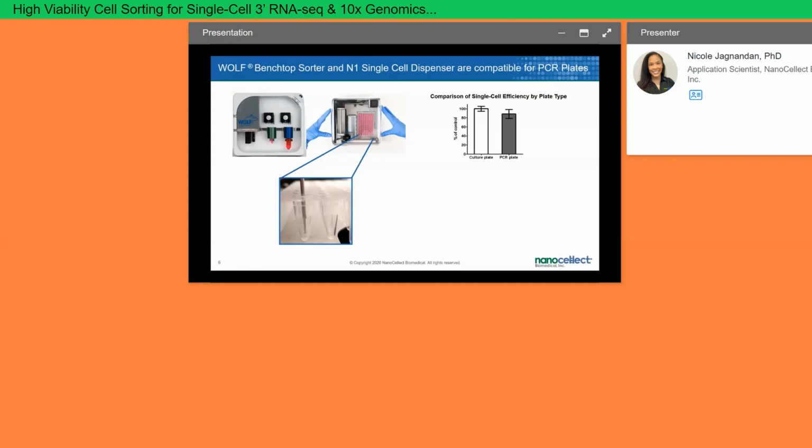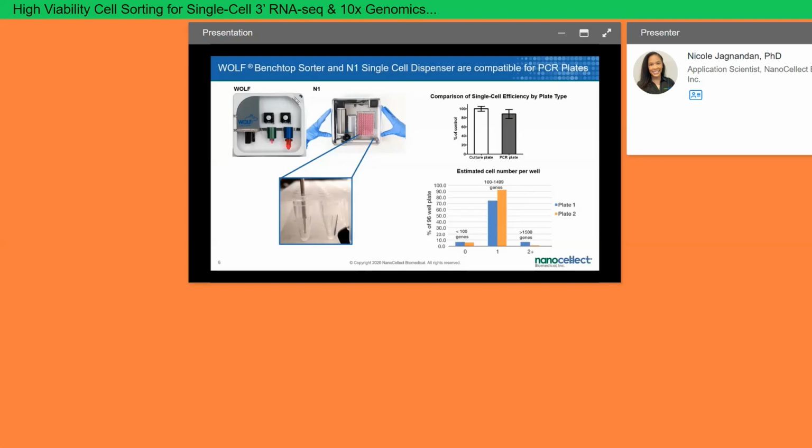So in order to fully validate that the Wolf and N1 system does work well for 3' RNA-seq, we did a few experiments using the QIAGEN UPX 3' transcriptome kit.